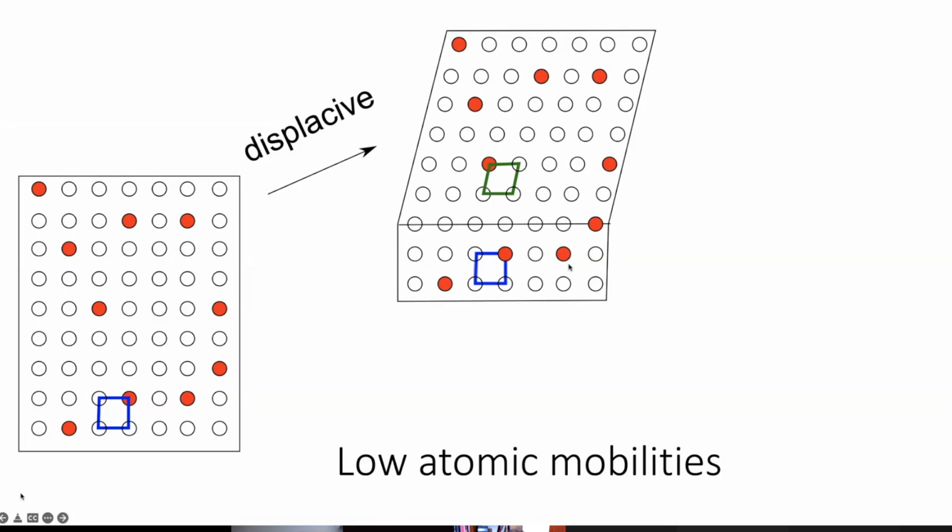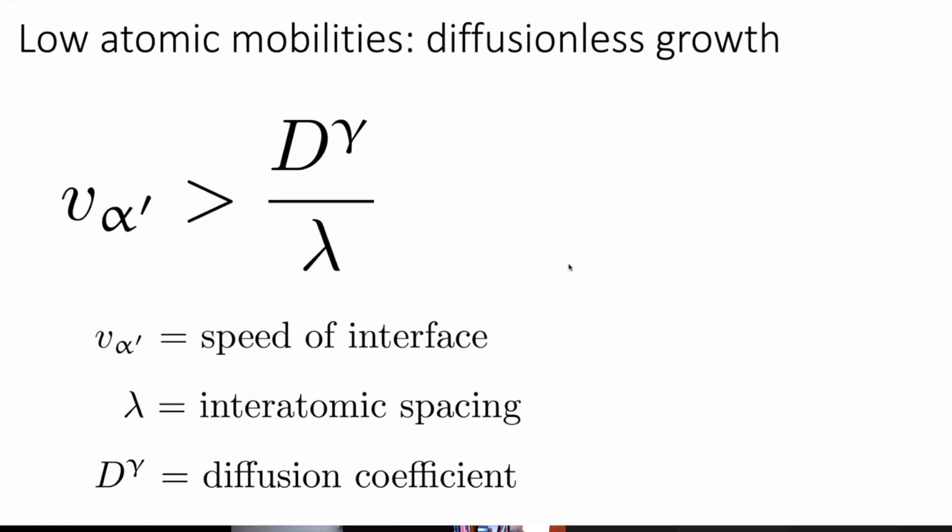So what do we mean by low atomic mobility? Well, if we look at this equation here, this is the speed at which the interface between the martensite and austenite moves. This is the diffusion coefficient in austenite, and this is an interatomic spacing normal to the interface.